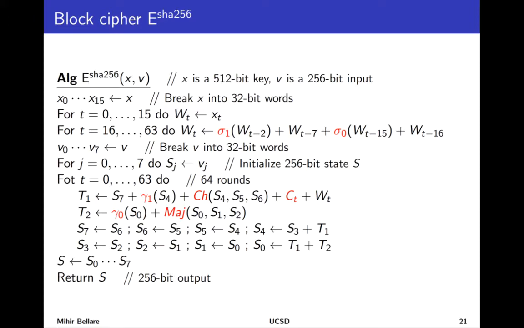The rounds are crucial towards getting security. So now what happens is that you take the current state and you iterate on it through 64 rounds. And that iteration will depend on the key entering through W, and then also of course on the state that's being changed, and it uses various functions inside and so forth. In any case, at the end of the 64 rounds, you take your current state and you return that.